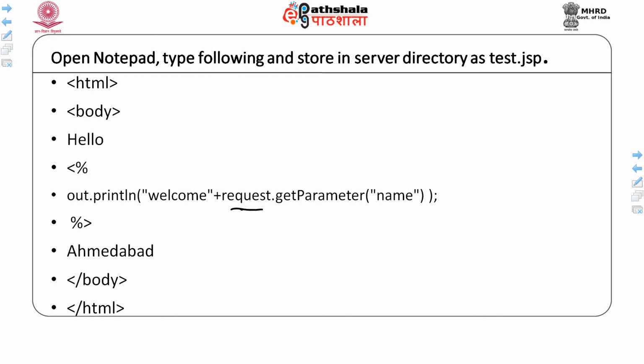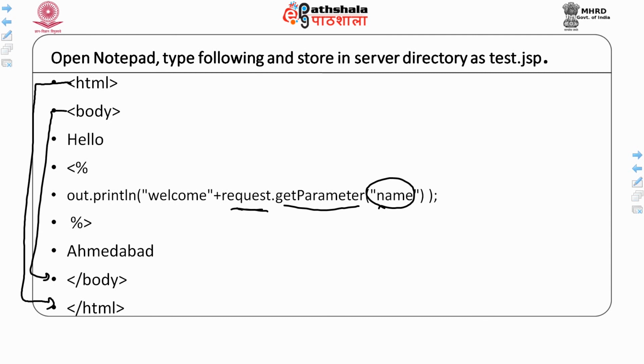Request is an object which gets a parameter name. Now, we just simply want to print a message, then body and HTML tags complete. So, tag started, tag ended, tag started, tag ended.